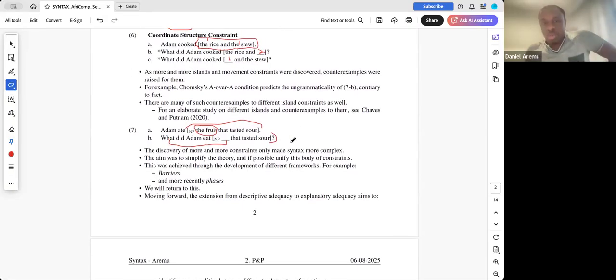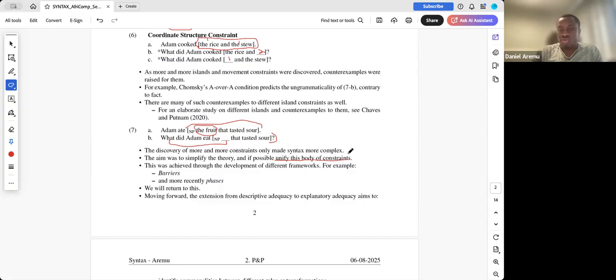So let's move on. The discovery of more and more constraints only made syntax more complex, right? The more constraints we have, the more rules we will need to account for them. Remember, we want to make syntax simpler, but it seems to be looking even more complex. But we know that the aim is to simplify the theory and, if possible, to unify the body of constraints.